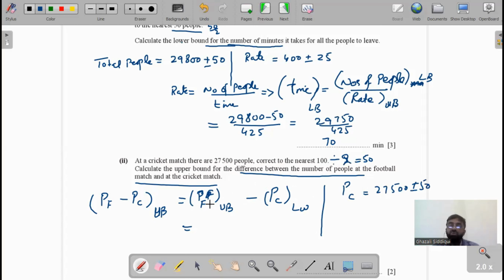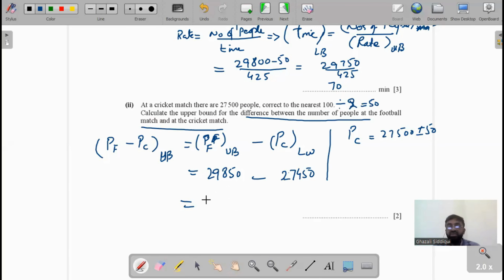The lower bound value is 27,500 minus 50, which is 27,450, and the football match upper bound value is 29,800 plus 50, which is 29,850. And the difference is equal to 2400. And this is the answer.